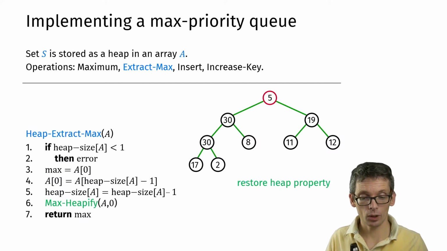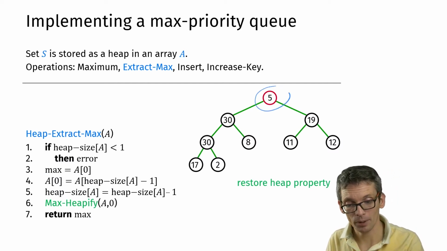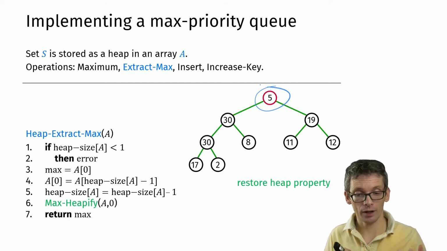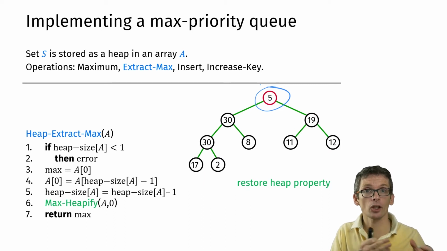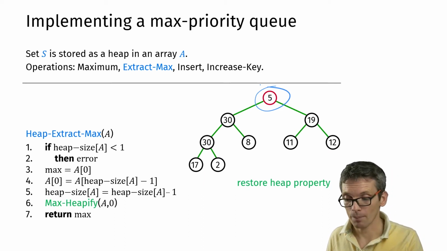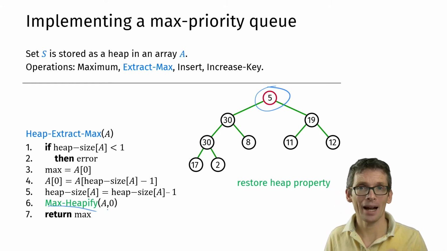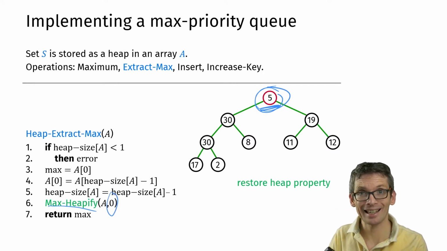Now we need to restore the heap property. We have the correct structure, but up here the max heap property is violated because 5 is not larger or equal to 30 and it's not larger or equal to 19. We're going to fix the heap property by a method called Max-Heapify. So Max-Heapify needs to restore the max heap property, and it has a parameter which is here 0, and that specifies the position of the node where I want to fix the max heap property.